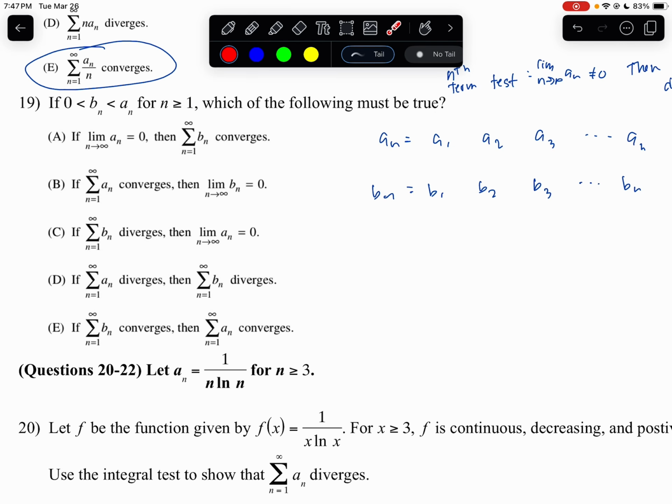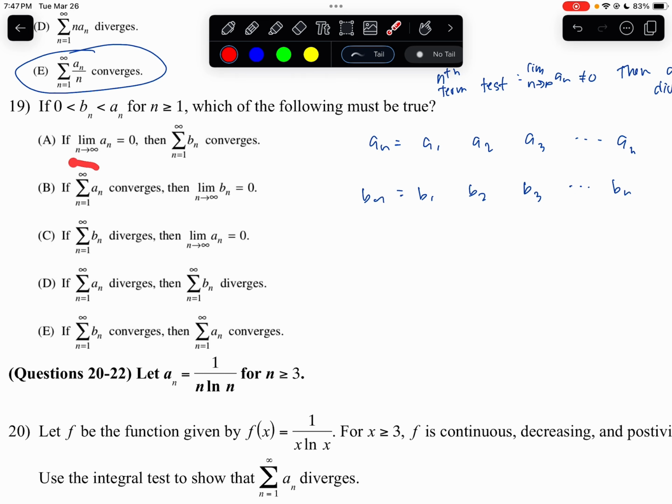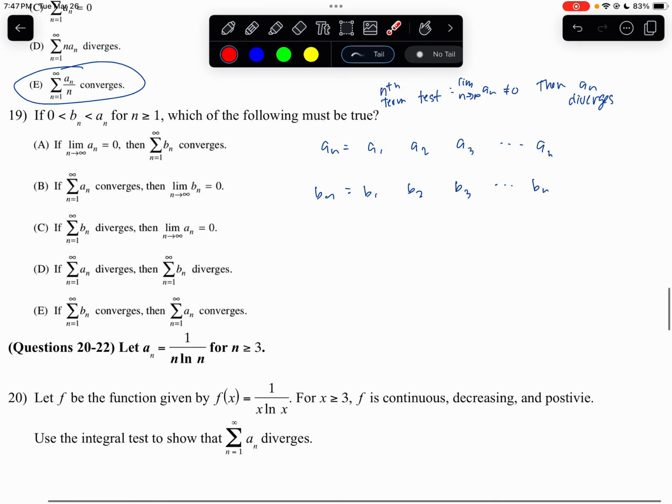Okay, let's read the next one. If this series converges, then the limit as n approaches infinity of b sub n is going to be equal to 0. So if I know for sure that this one converges, then it's more likely that we can probably say that the limit as n approaches infinity of a sub n is going to be equal to 0, right?